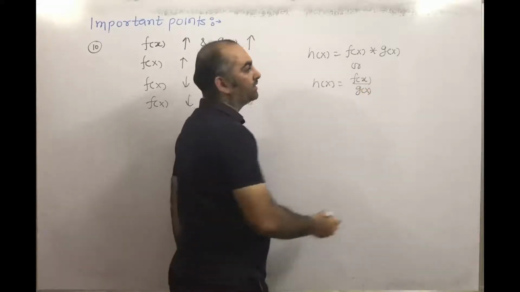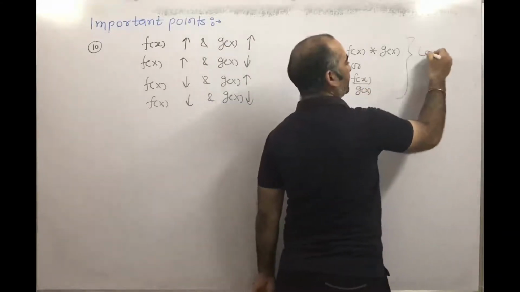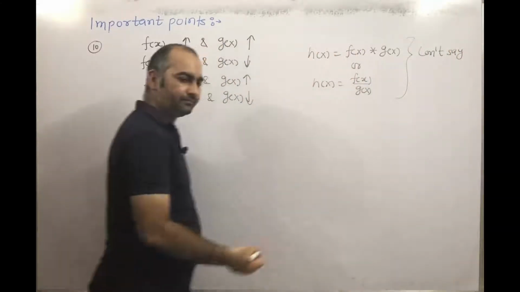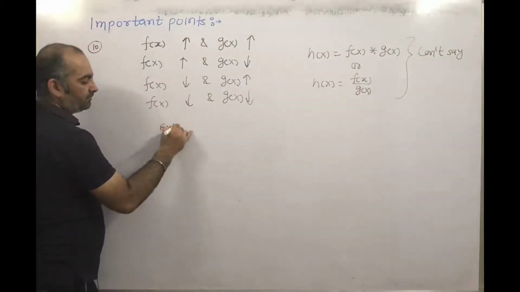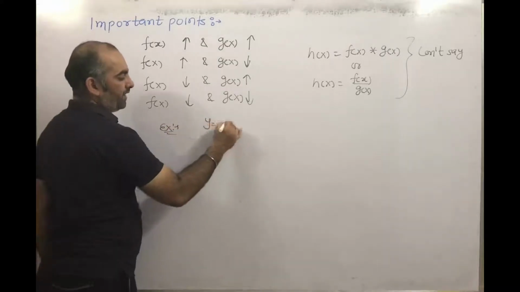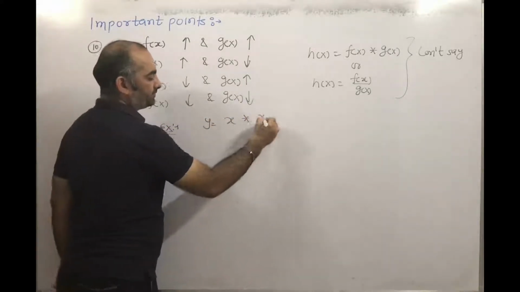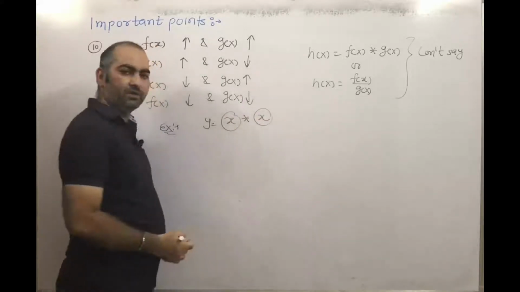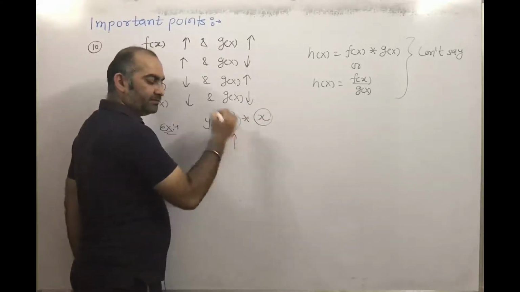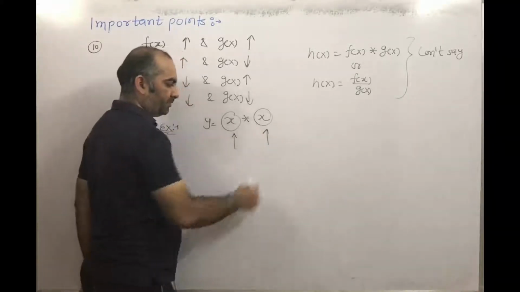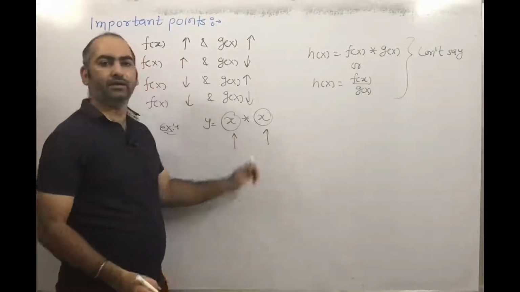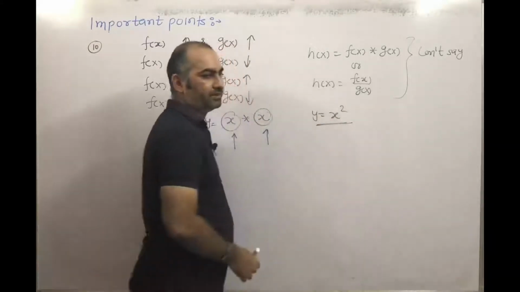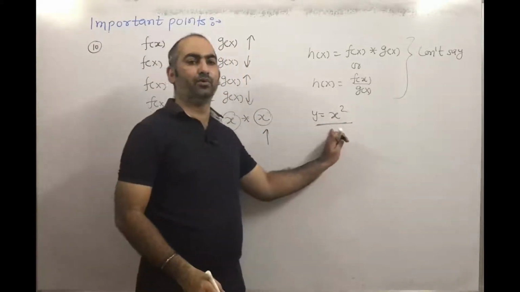In both cases, we can't say anything about h of x. For example, if I say y equal to x into x, so f of x is x, and g of x is also x. So x is increasing, and this is also increasing. But the combined function, x square, so y equal to x square, is a non-monotonic function. It will be increasing and decreasing both.